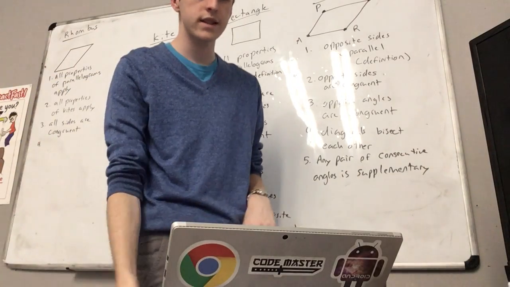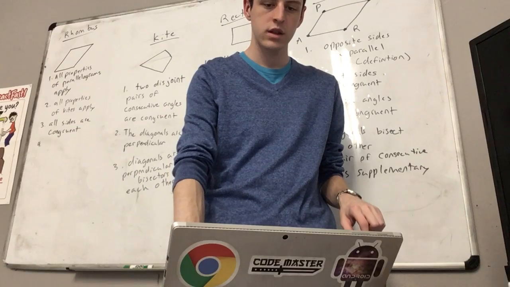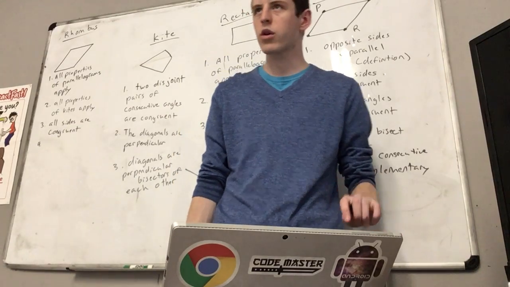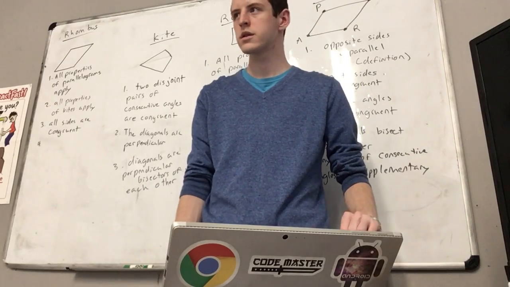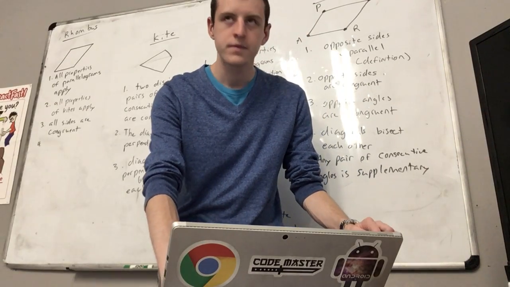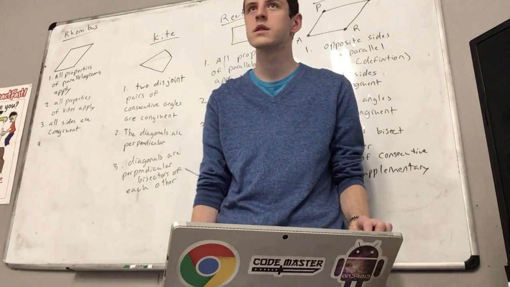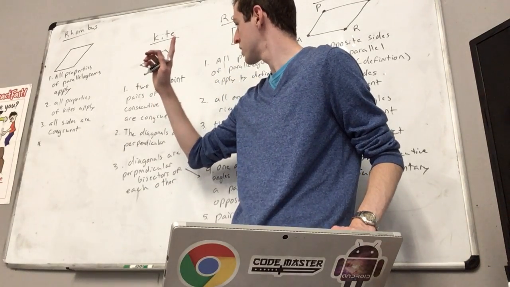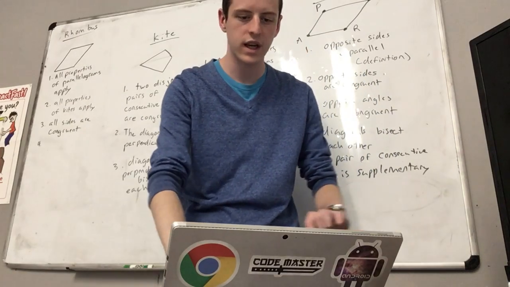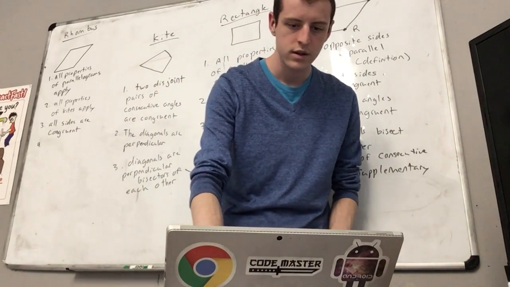Our next one is all sides are congruent. Or you could say a rhombus is equilateral. All sides are the same length. What are two pairs of disjoint? No, two disjoint pairs. Two disjoint pairs of consecutive angles.